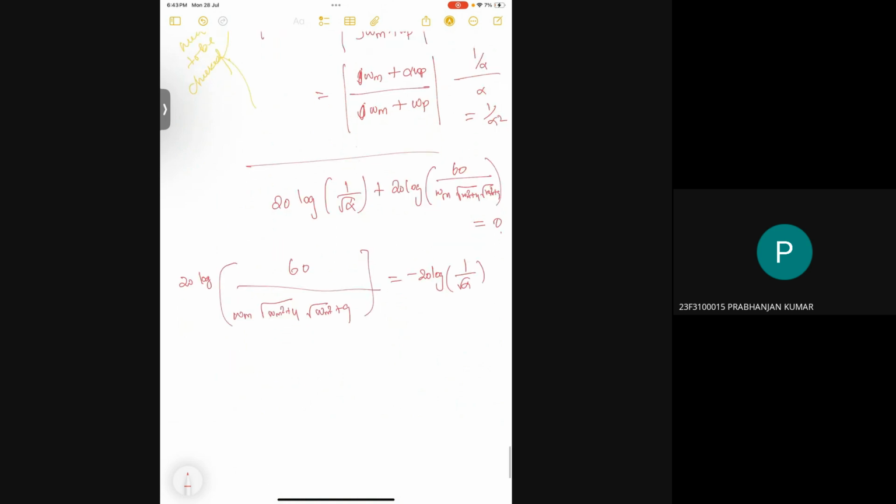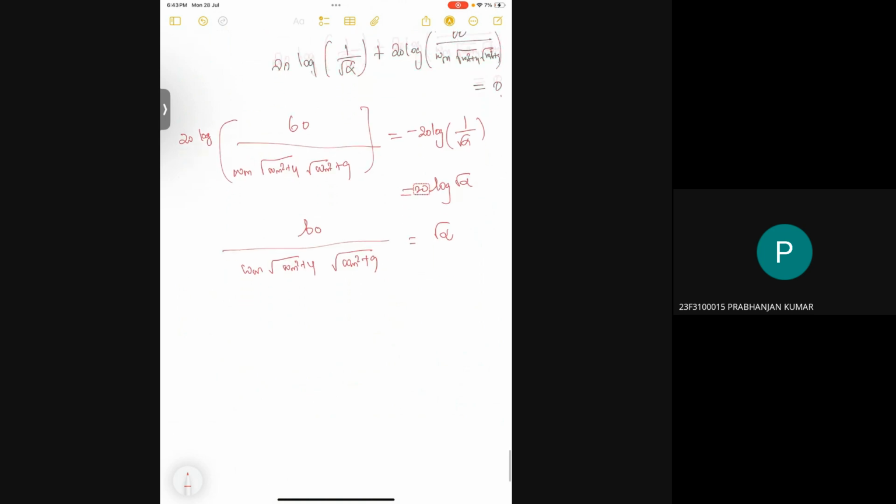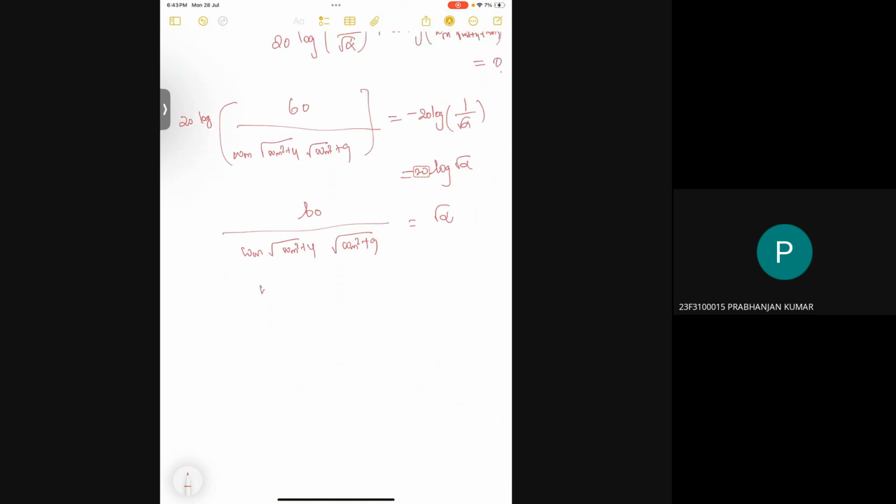So taking the log, I can write it as 20 log of root alpha, right? Then I'm removing the log values. It will be easy to calculate. Root alpha. Right. Now I'm just simplifying it. Total, this will be inverted.